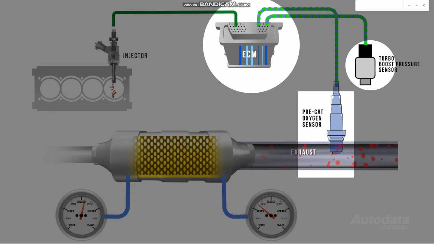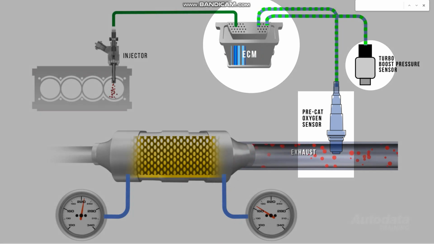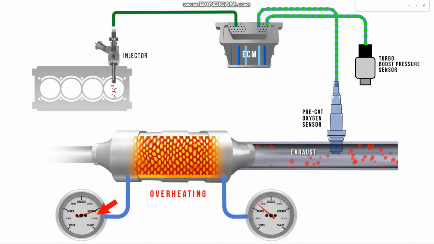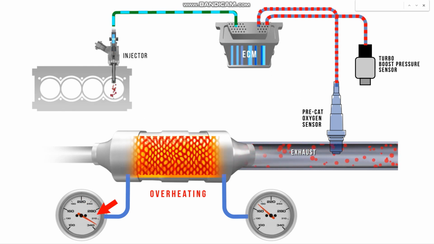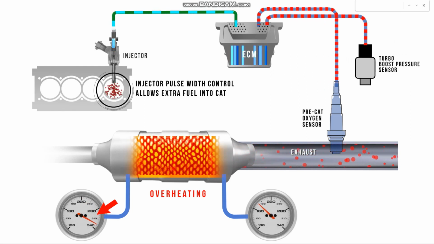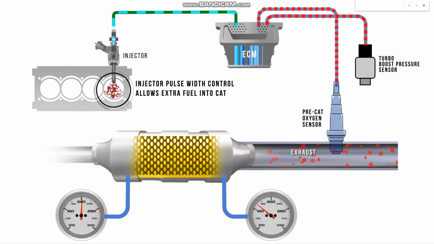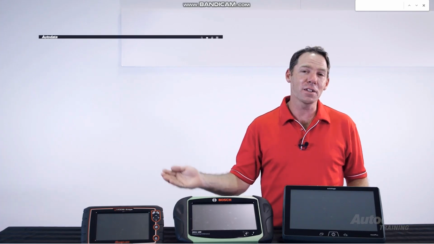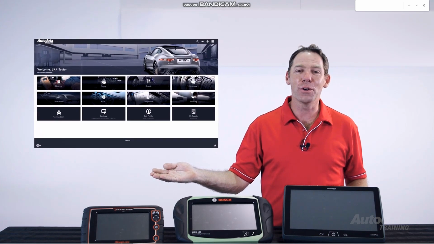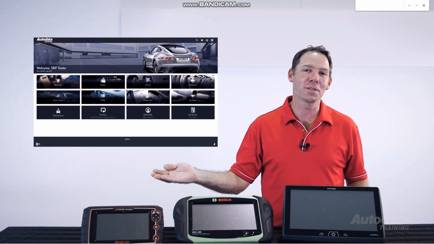Through sensor feedback, the ECM estimates conditions that could cause the catalytic converter to reach excessive temperatures. If overheating is determined, the engine management system will use various operational strategies to control this temperature, which will have a cooling effect on the converter. For more information on catalytic converter operation, please refer to our other training modules on this subject.